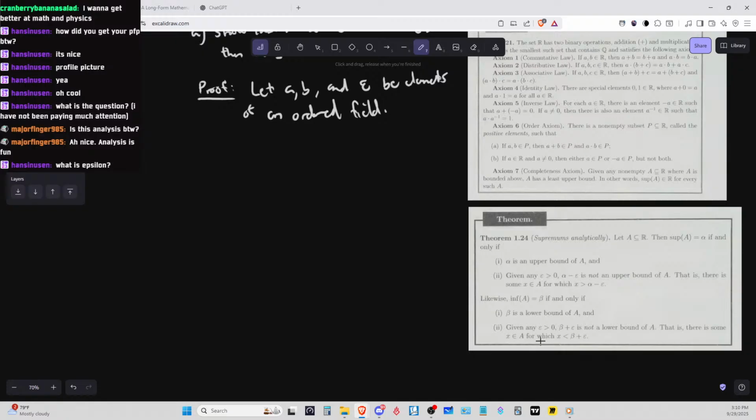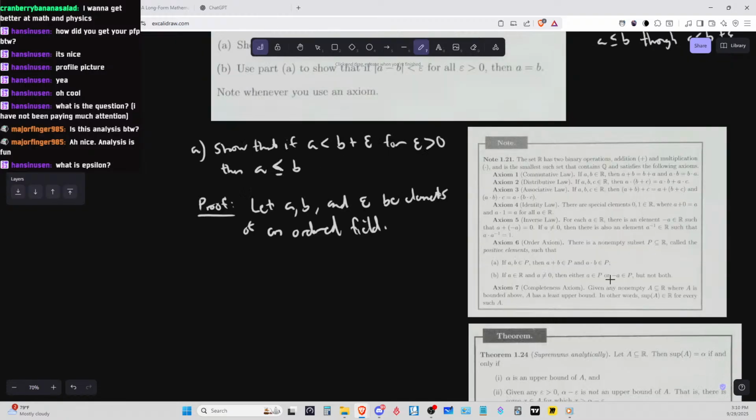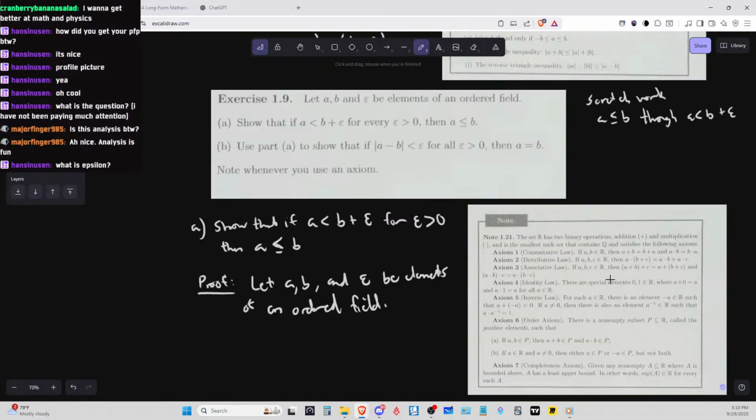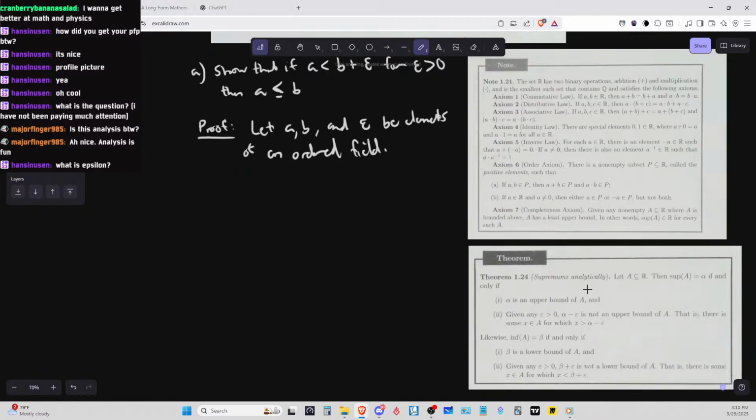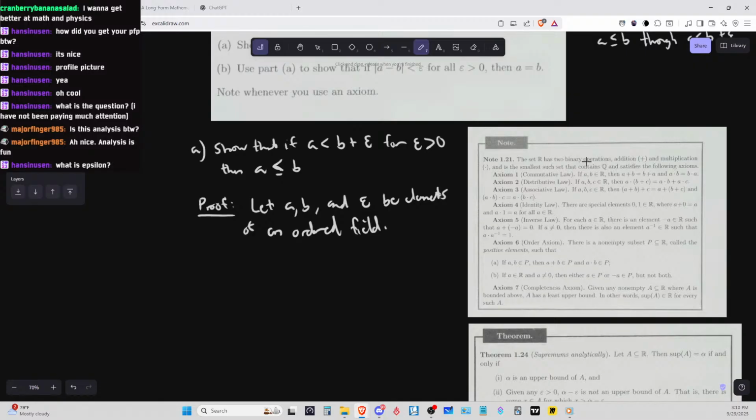So it seems like I have to say, suppose A is an, maybe we should label the ordered field.